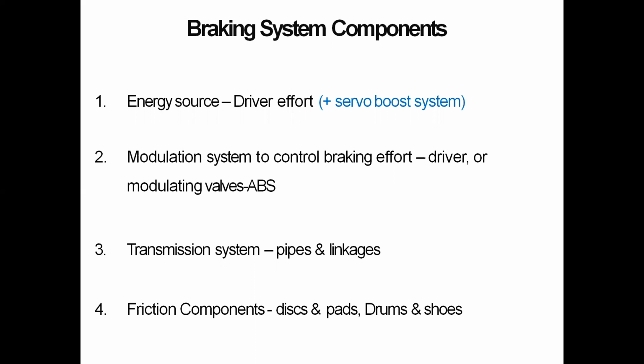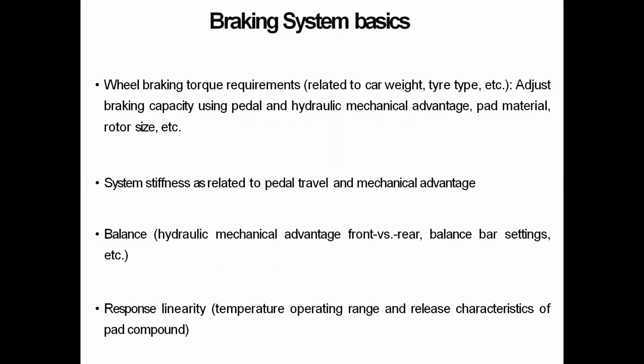Transmission lines: there are pipelines and linkages. Suppose it is a mechanical braking system, there are linkages. In a hydraulic braking system or vacuum braking system, there are pipelines. And friction components: discs and pads, drums and shoes. So these are the commonly used components in any type of braking system.